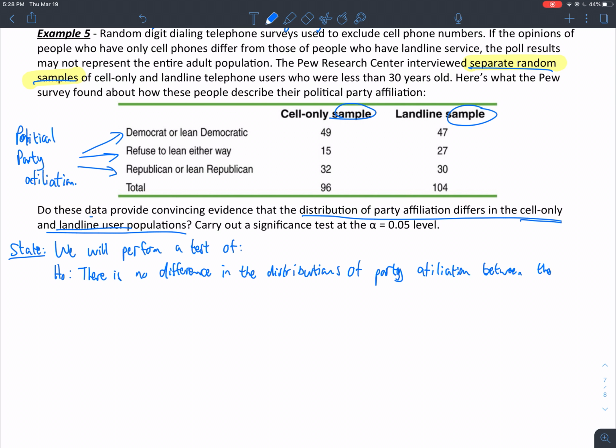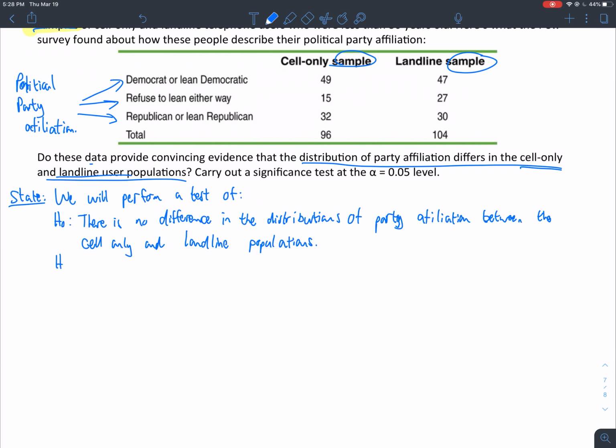And then my alternative hypothesis would be there is a difference in the distributions. Okay? Please, I don't want to write all that out. You have to write all that out on a test or in your homework, something like this, but I'm not going to do all that.